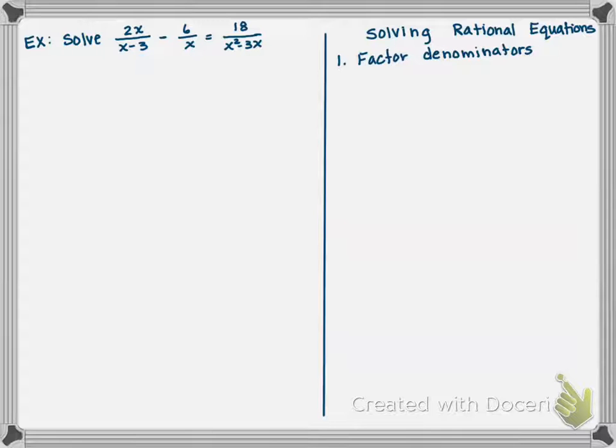Unlike when we multiply and divide and we factor everything in sight, when we're solving equations, we just worry about the denominator because our first order of business is to get rid of the denominators. So we don't worry about anything that's going on top while we're doing that. After we factor the denominators, then like Jaylee said, we can find the LCM by building a product that contains all the factors from all of our denominators. So find the LCM.